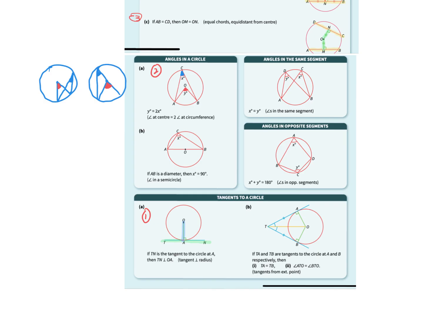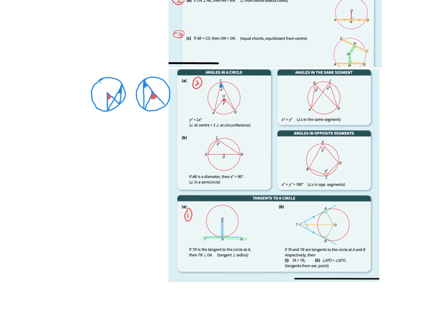And then the very last one is the kite. If this is the circumference, then the center is double of it. So there are 4 types for number 2, 4 different cases.